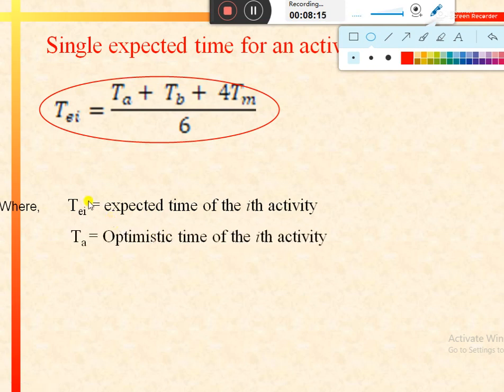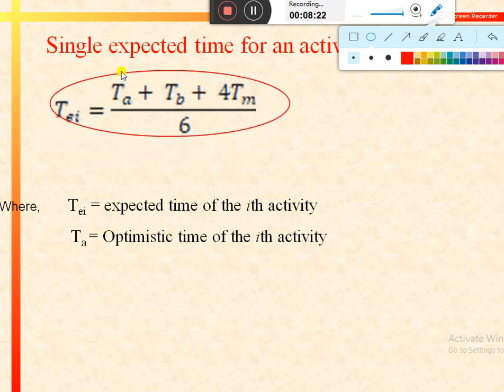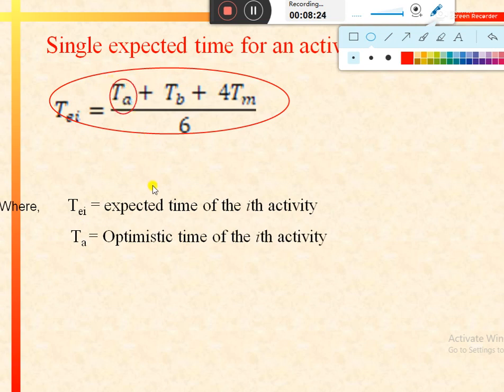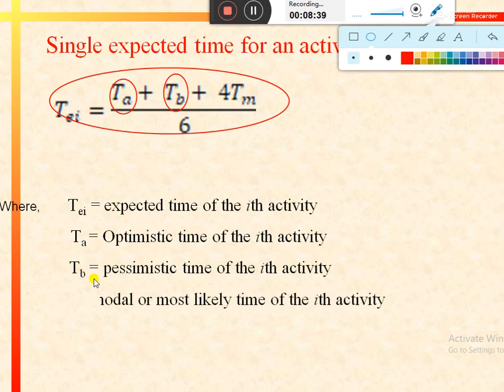E represents the expected time, TA represents the optimistic time of the ith activity, TB represents the pessimistic time of the activity or the highest time for completion of any activity, and TM denotes the model or most likely time of the ith activity. So in this way we can calculate the single expected time for an activity.